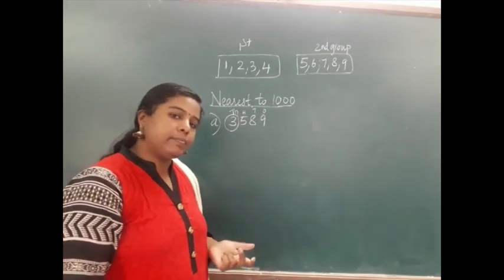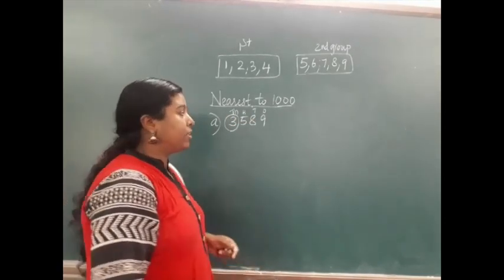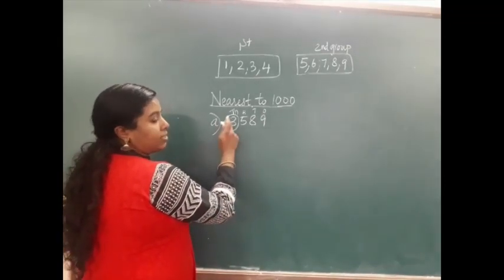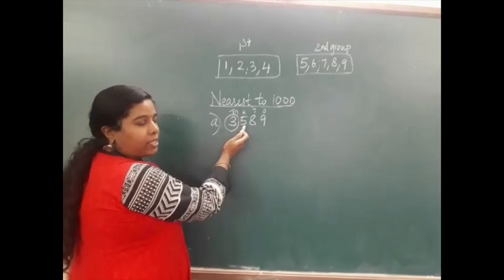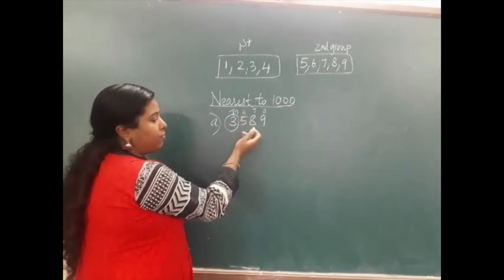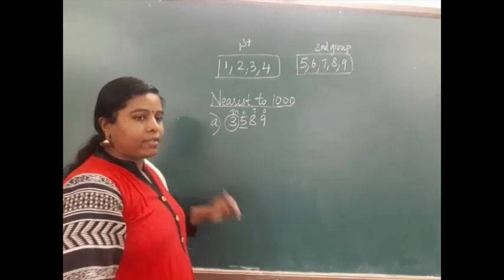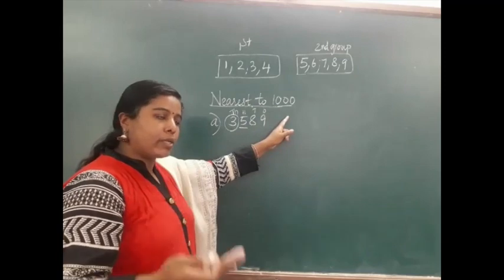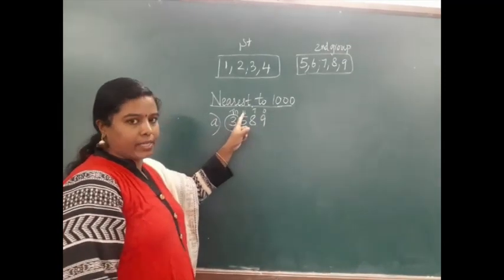What is the next step? Underline the digit to the right of it. So the circled digit is here, and the right side digit we have to underline. That means the digit in the 100 place we should underline. So whenever we are doing the nearest to 1000, we should look at the digit in the 100 place.